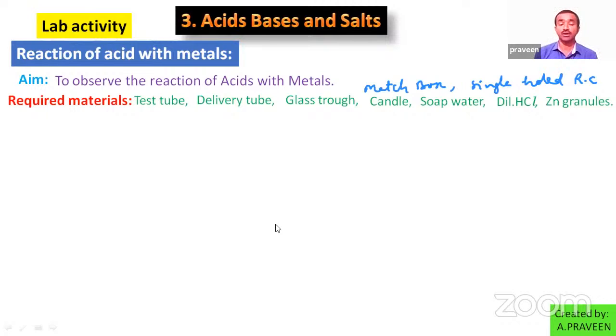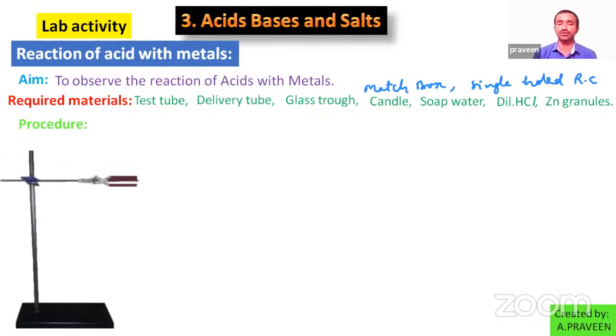After collecting every material, next is the procedure: how to observe this reaction between acid and metal. In any order you can write, no problem. First of all, we have to take a retort stand. You can include it in your required materials also.